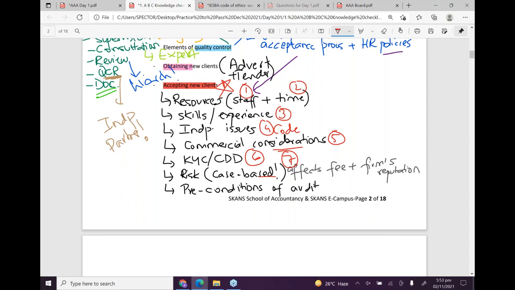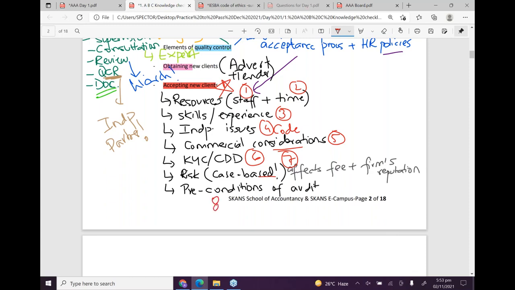Remember, if this is a problematic client, this is going to affect your fee and time taken. If you associate with a problematic client, this could also affect your reputation as well. So very important factors to consider are the risks associated with accepting this client.